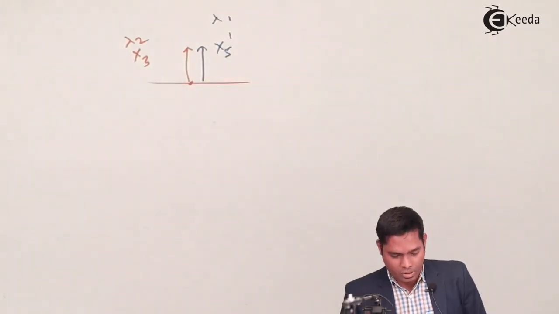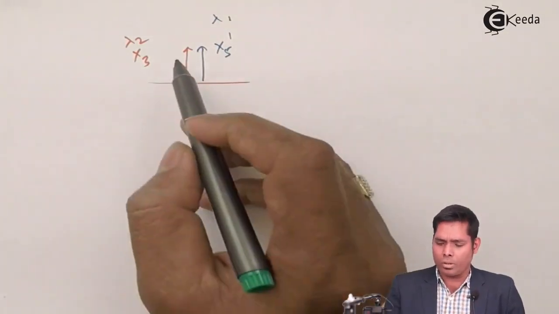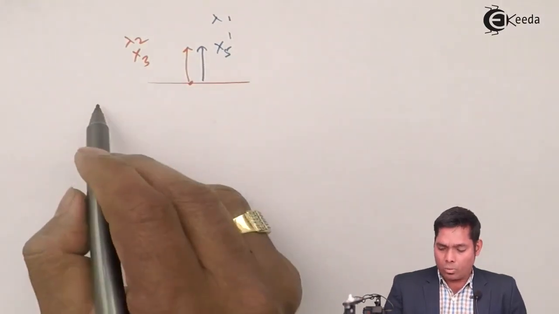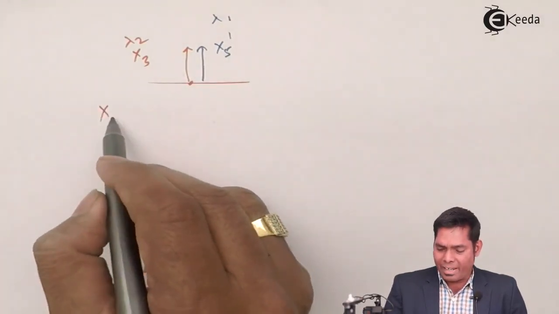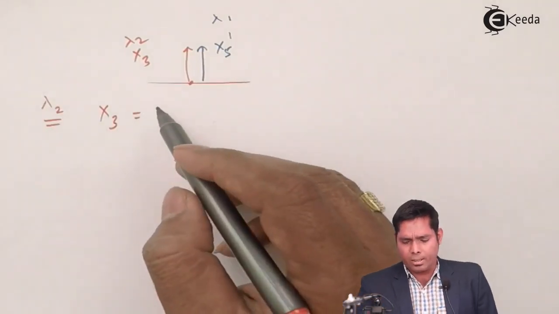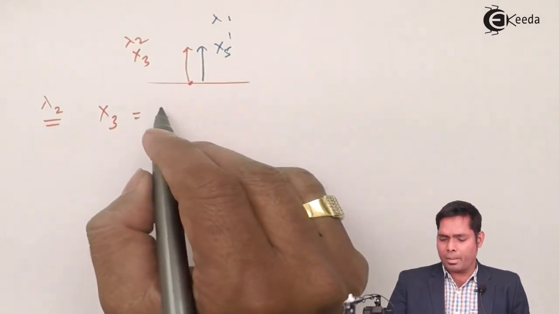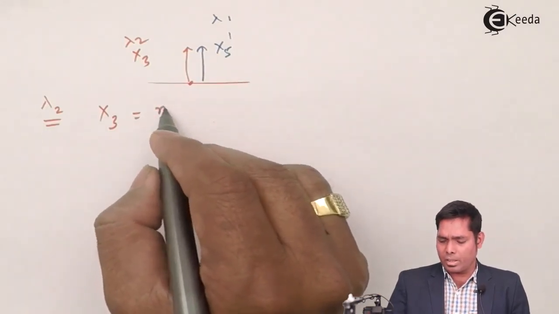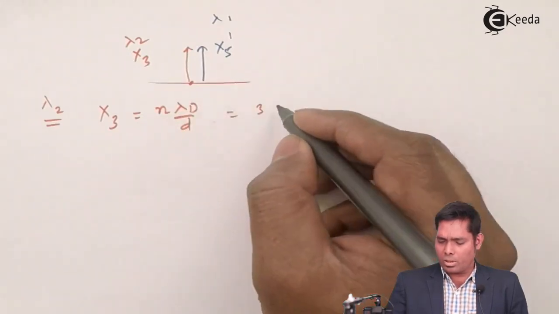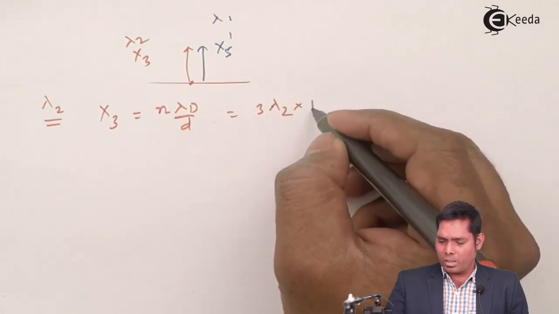We have to see whether they will coincide or not. That means basically you have to find the distance. So x3 for lambda 2 I am using. The general formula is n lambda D by d. Here it is 3, so 3 into lambda 2 into D over d.